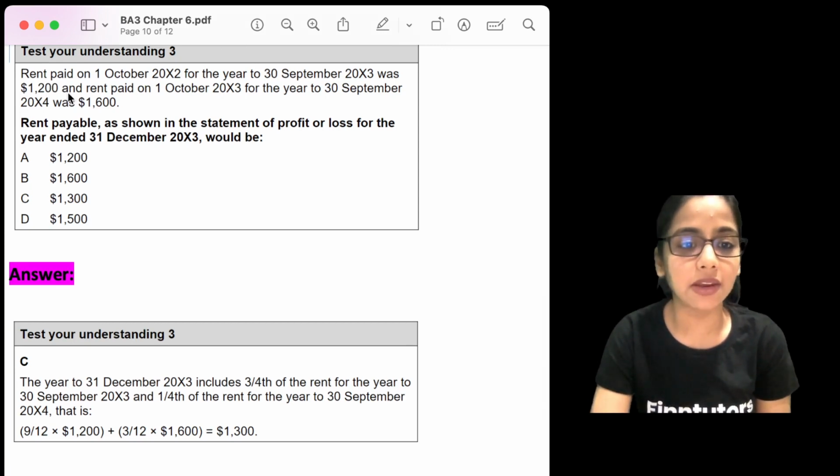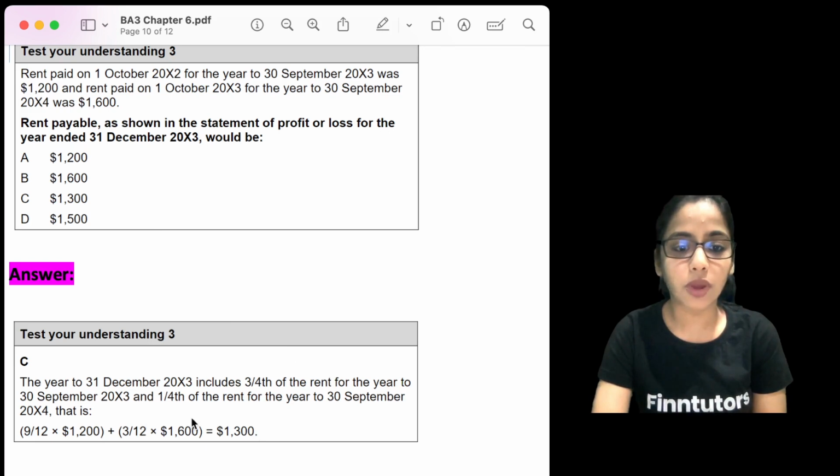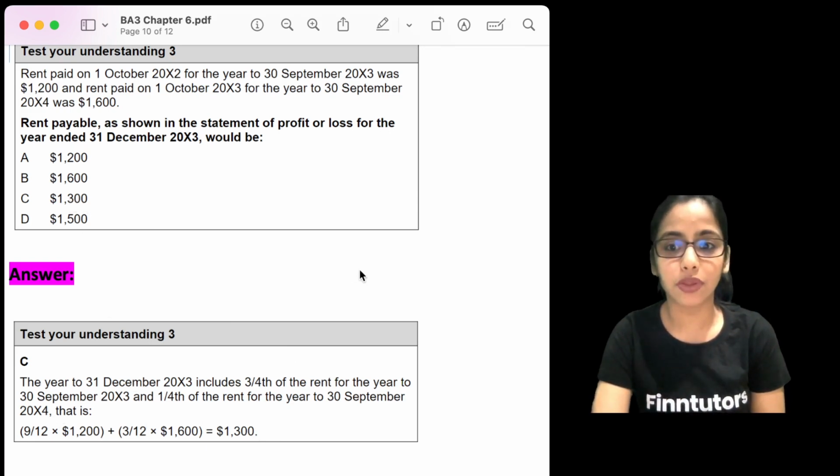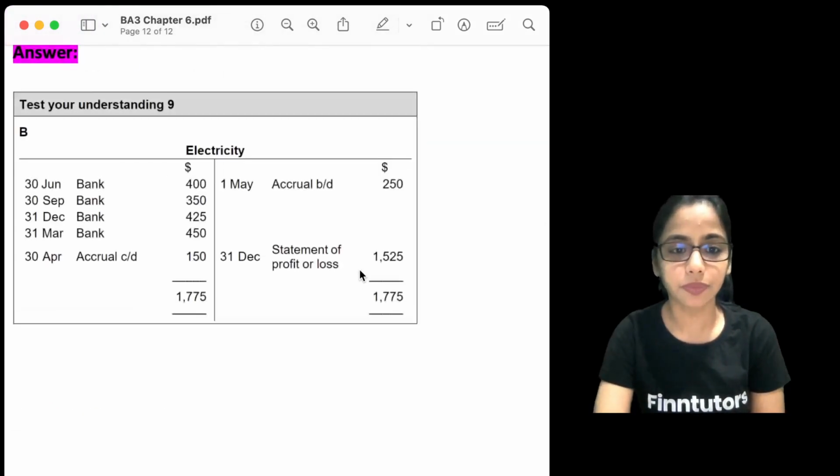So we will just calculate 1,200 into 9 by 12 and we will add it for a period of 3 months between October to December because the statement ends in 2013, right? So that will be $1,300. So once we add that, we will receive 1,300. So this is what this illustration tries to explain to us.